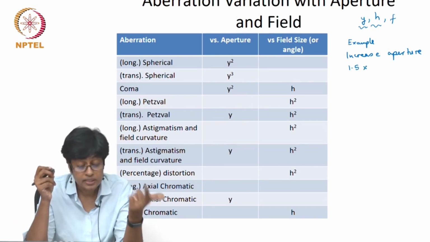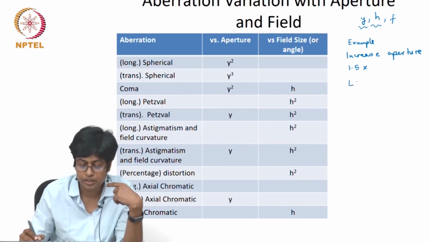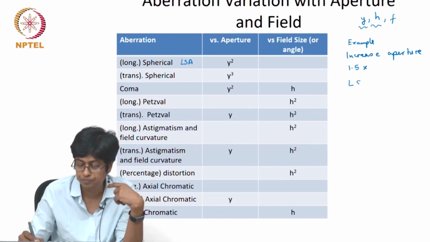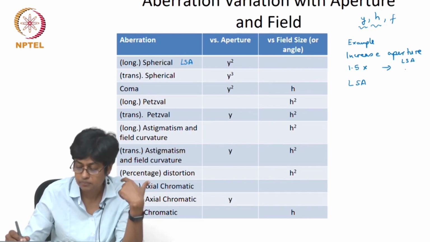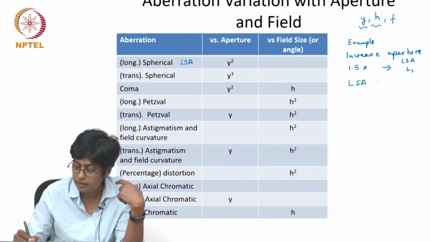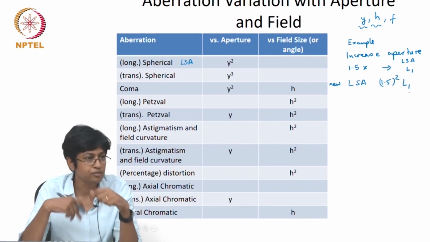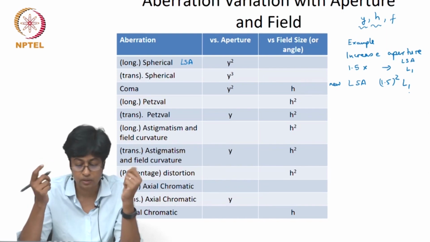How does its longitudinal spherical aberration vary? If earlier the longitudinal spherical aberration was some L1 units of length, then the new LSA will be 1.5 times L1. So you don't have to go back and redo that calculation.